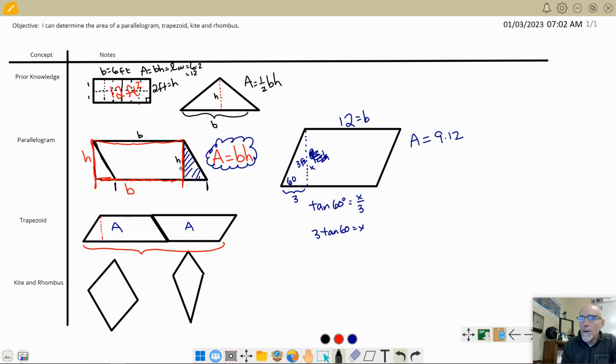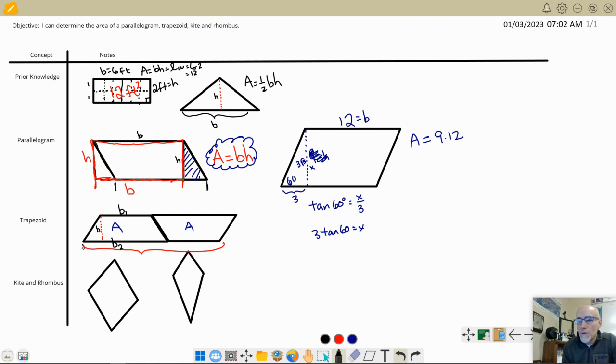That was the height. Now, in our trapezoid, this is the height right here, but the bases, the ones that are parallel to each other, they're different lengths. So we can't just use one B, we have to use two different B's, and we label them like this. This is going to be called base 1, and this base down here is base 2, okay?